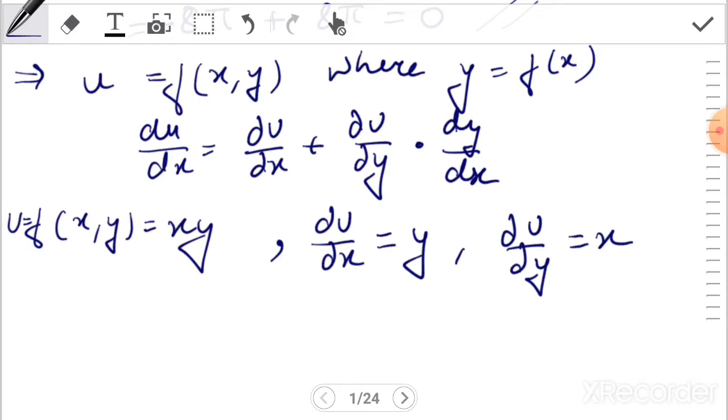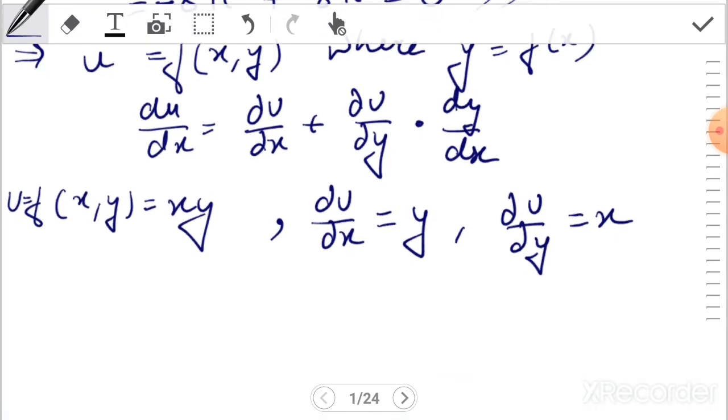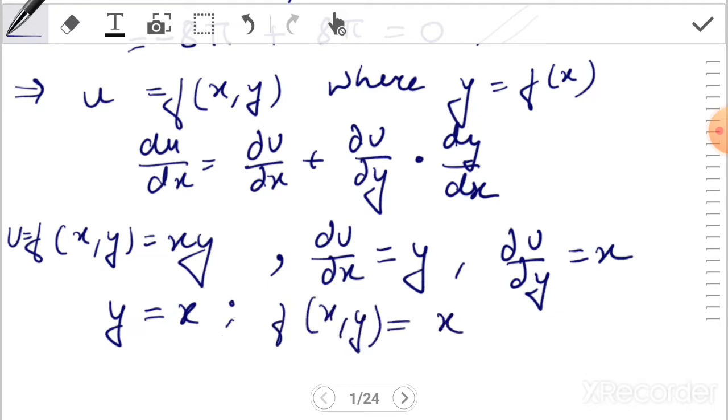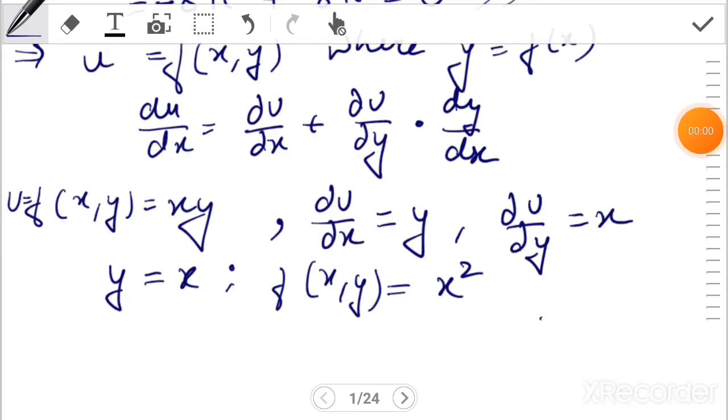And now let us suppose y is a function of x. So let us say we have y equal to x, then f(x, y) becomes x square. Now du/dx is 2x.